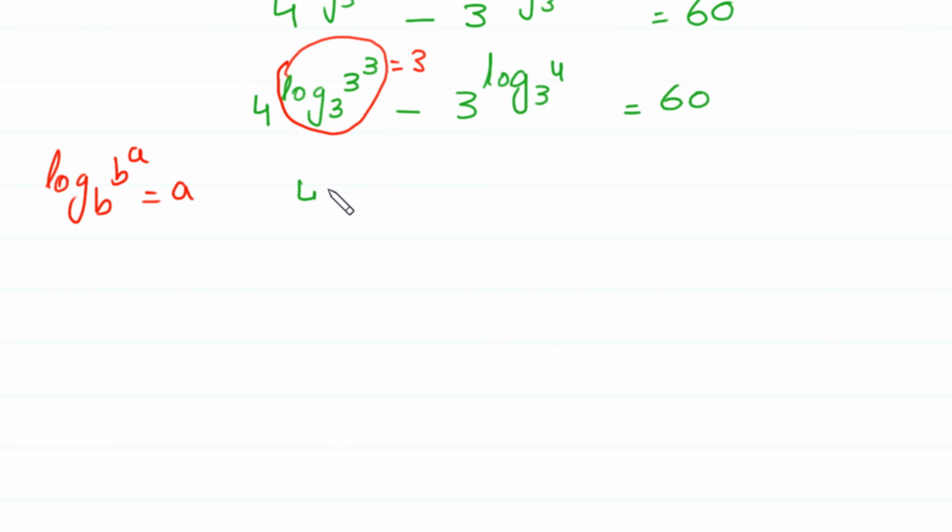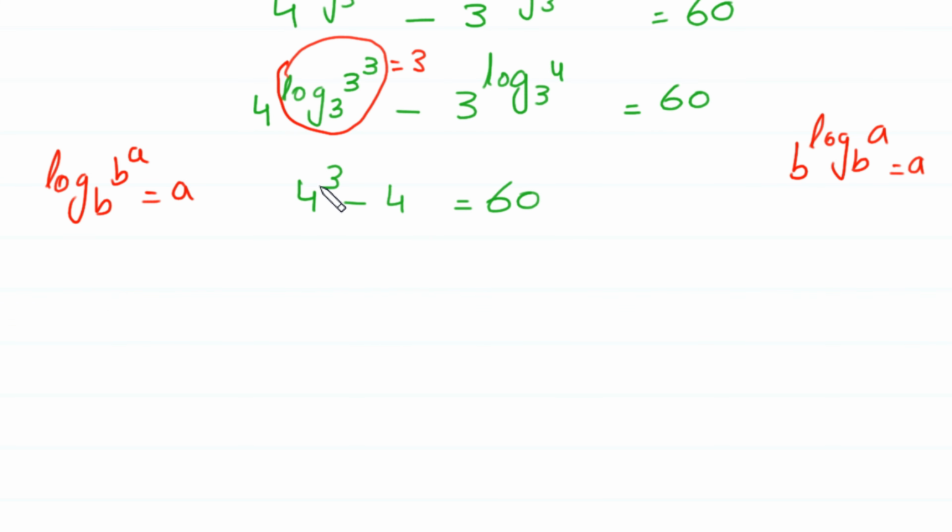So here left 4 to the power 3 minus, and according to the property of logarithms, b to the power log base b of a is equal to a, this 3 to the power log base 3 of 4 is equal to 4, is equal to 60.